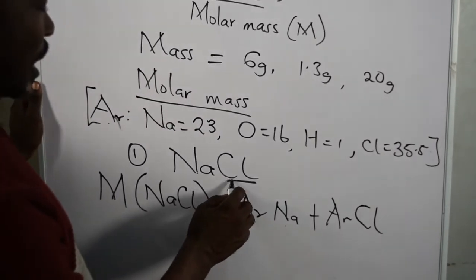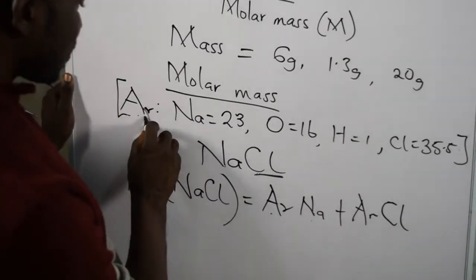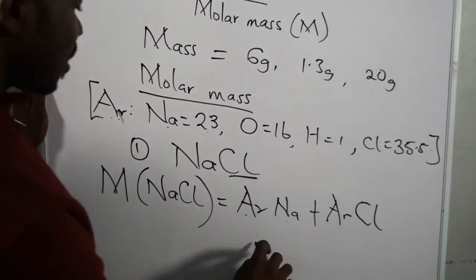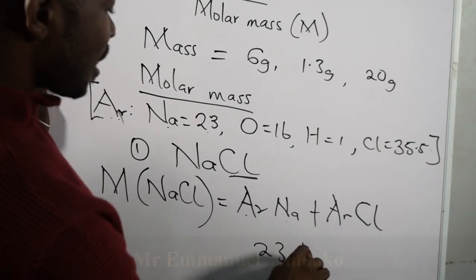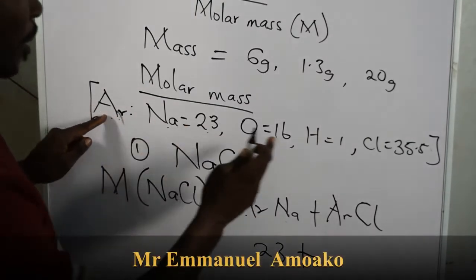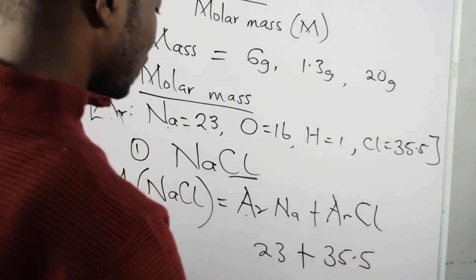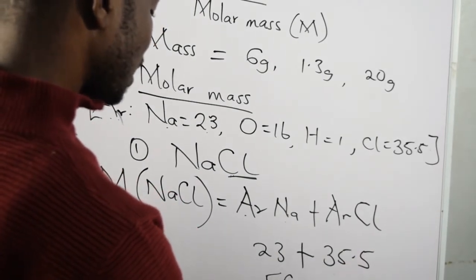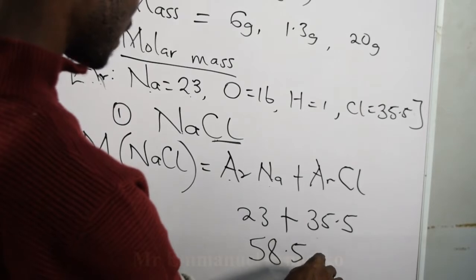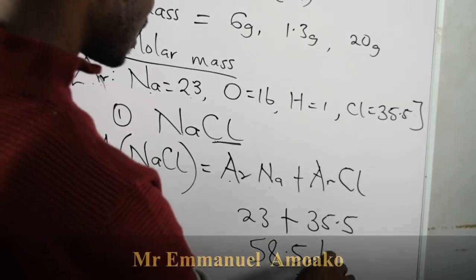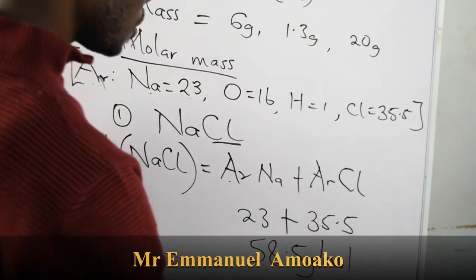So here we are going to use numbers. The relative atomic number of sodium is 23 plus the relative atomic number of chlorine, 35.5. So that gives us 58.5. Don't forget this unit, grams per mole.